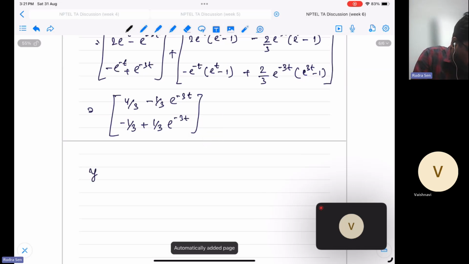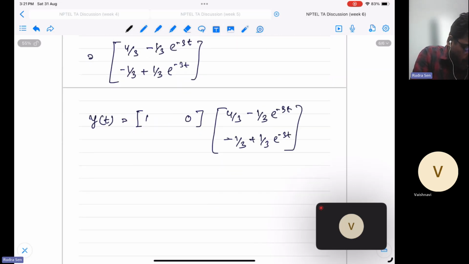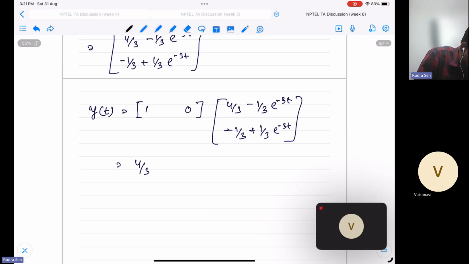So y(t) is basically C, which is 1 0, into x(t). x(t) is 4/3 minus 1/3 e to the power minus 3t, minus 1/3 plus 1/3 e to the power minus 3t. So this is basically 4/3 plus 1/3 e to the power minus 3t. So this is your answer.